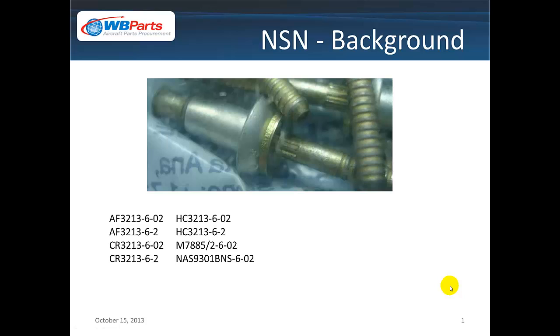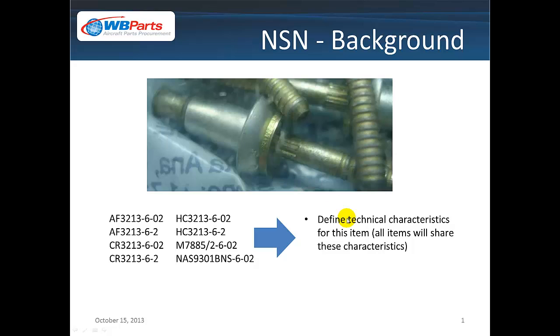So the government recognized they were totally being overrun with manufacturing part numbers and a different numbering system was needed. Given that all of these part numbers reflect this rivet, all the same item, they determined that they would come up with a set of technical characteristics that would bind all of these part numbers together and accurately reflect this rivet.